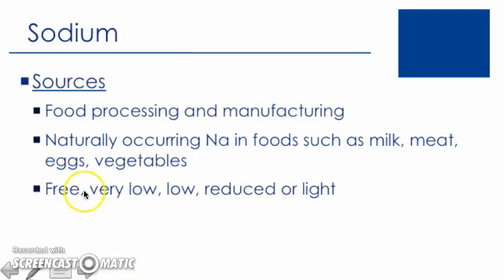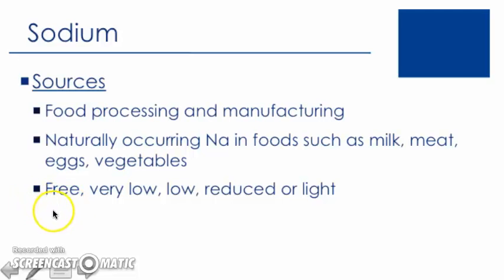We have different categories referring to foods as being free of sodium, very low in sodium, or reduced or light as it relates to sodium. And we'll define each of these. Sodium free would be a product that contains less than 5 milligrams of sodium per serving.